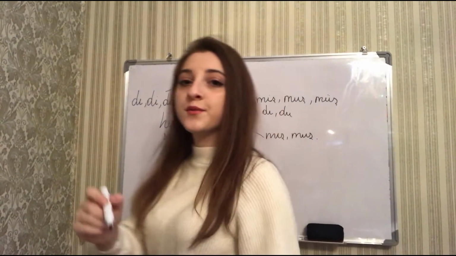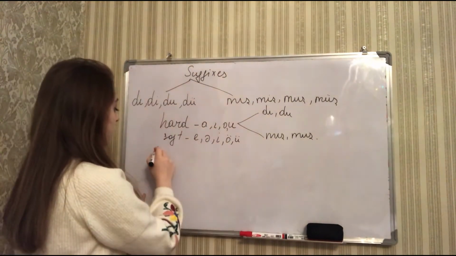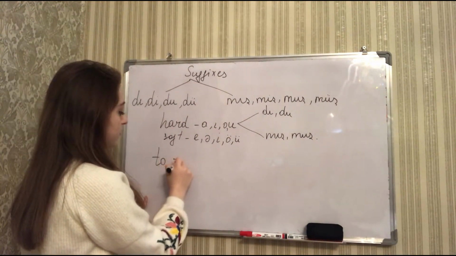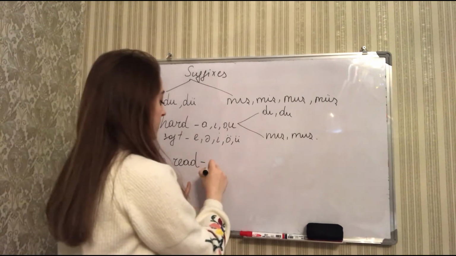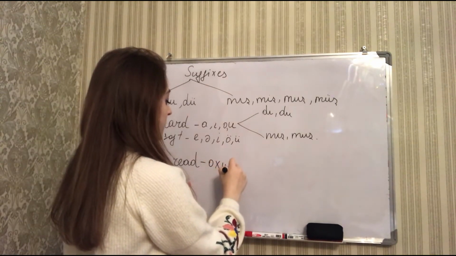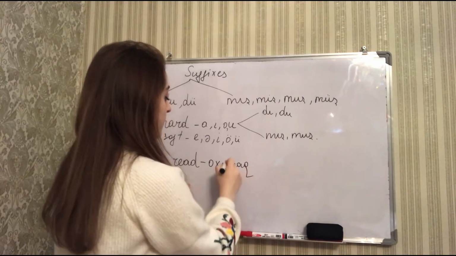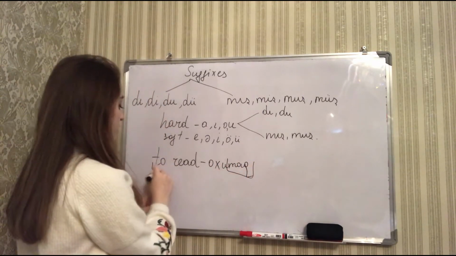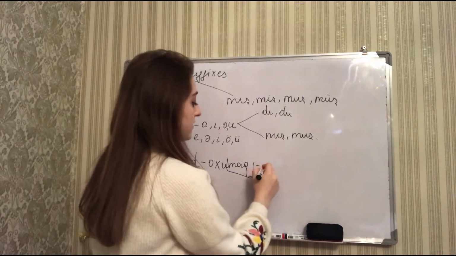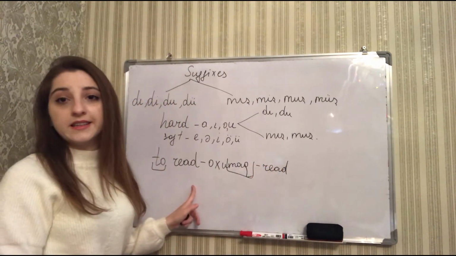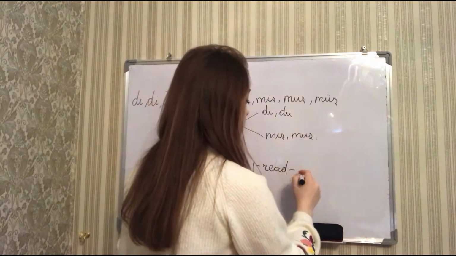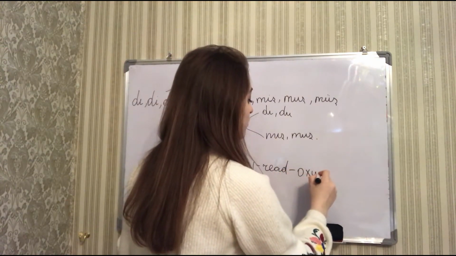Okay, let's take one verb. For example, to read. Read, okumak. Infinitive form, okumak. To read. Read, past form of to read. In Azerbaijani language, it is okudu.